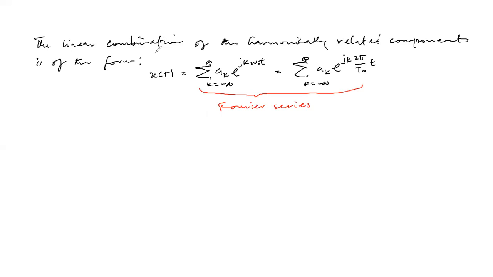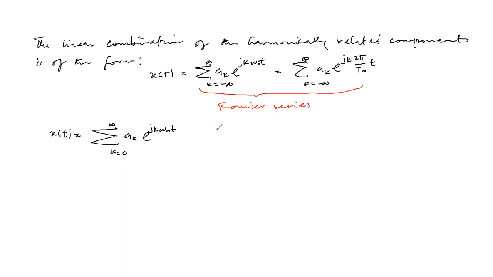Now, if we take a positive value of k, then the Fourier series can be rewritten as S of t equals the summation from k equals 0 to infinity of a sub k e to the j k omega t.